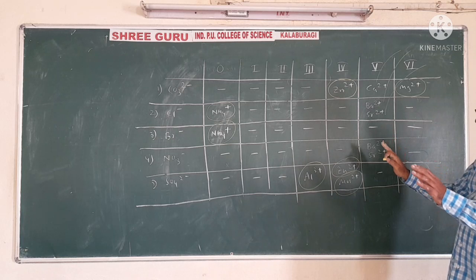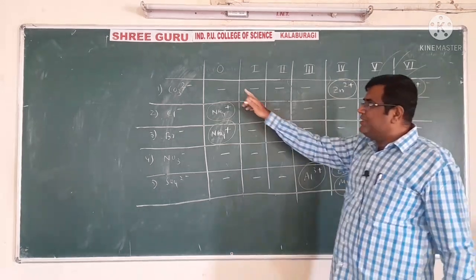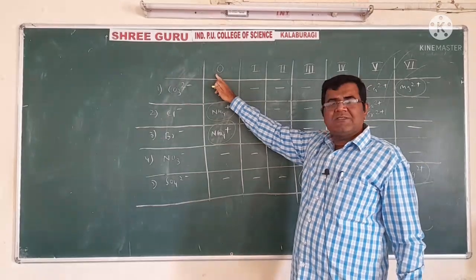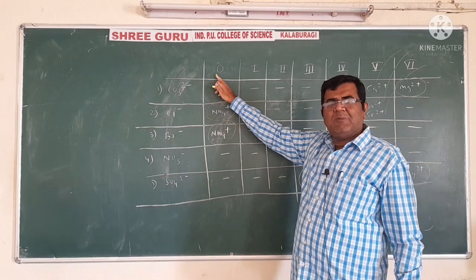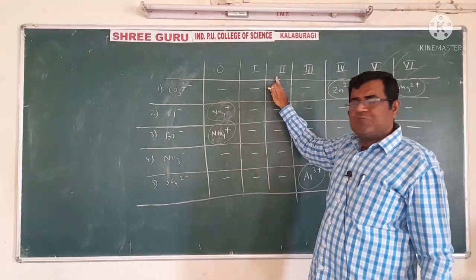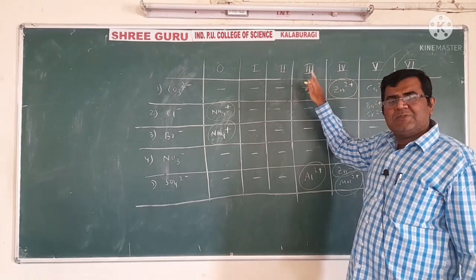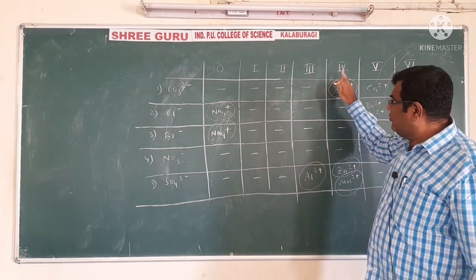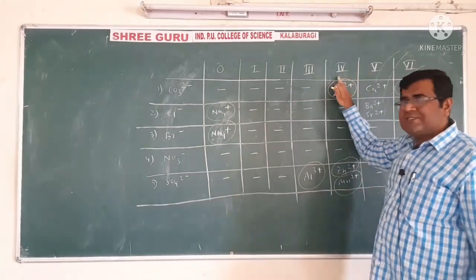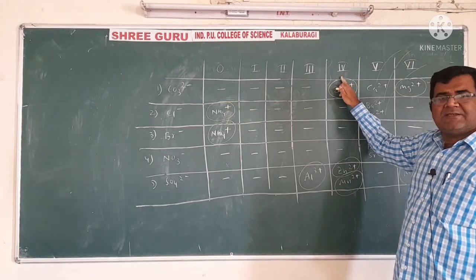So you just look into this chart and imagine what the group reagents are. Nothing. Salt, NaOH, heat, smell of ammonia. Dilute HCl. Dilute HCl, H2S. Original solution, NH4Cl, NH4OH, excess. Original solution, NH4Cl, NH4OH, pass H2S gas.